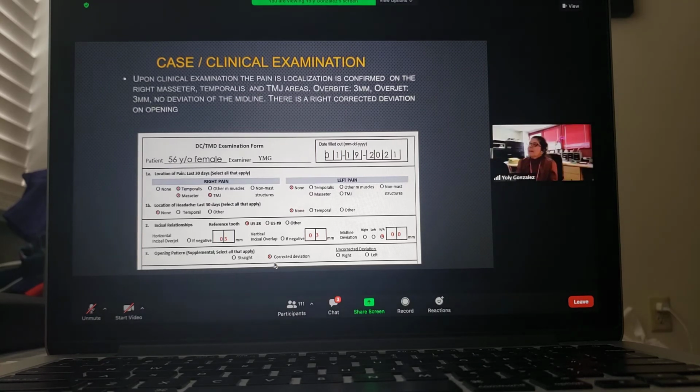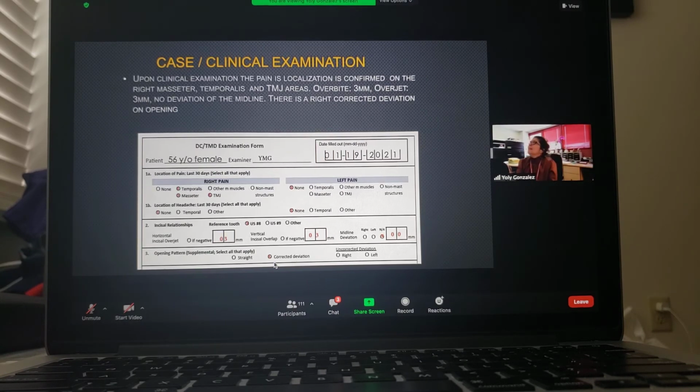So again, the DC/TMD diagnosis for the most common conditions are based on these algorithms that involve the clinical history and the clinical exam. In addition to that, we will have, I believe it's actually next week, your imaging lecture, in which, just to tell you, arthralgia usually doesn't correlate with imaging findings.